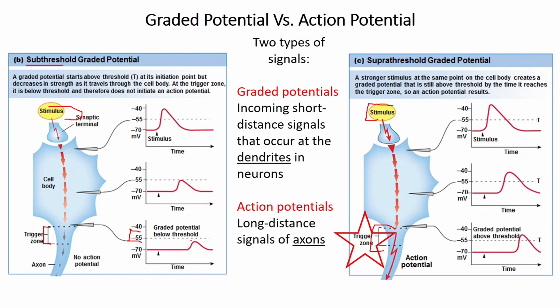Remember that we said they have sensors, and they would open only when they reach negative 55 millivolt. So if they don't reach that, they wouldn't be open, and this will not result in an action potential. It will lose its strength because it hasn't opened the voltage-gated ion channels. Yeah, exactly. The message won't be transmitted.